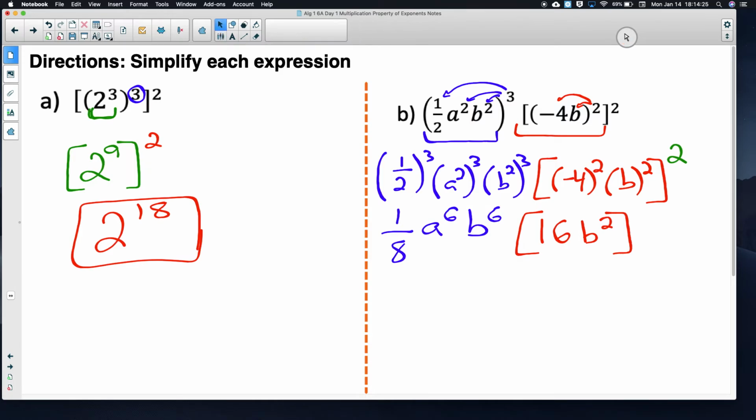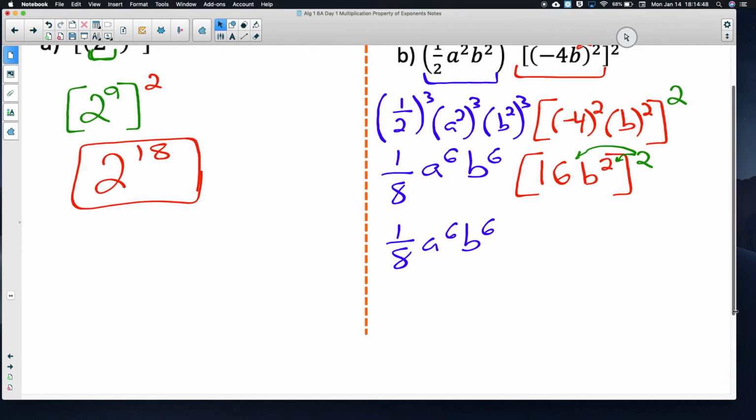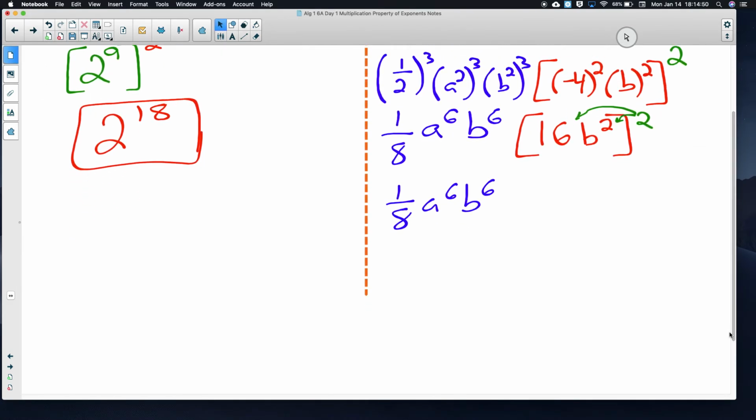And then I've got this exponent of 2 on the outside of those brackets. So now I have to apply that to everything going on inside the bracket. Let's drop down the blue. And now inside the bracket, I've got 16 squared and b squared raised to the second power.